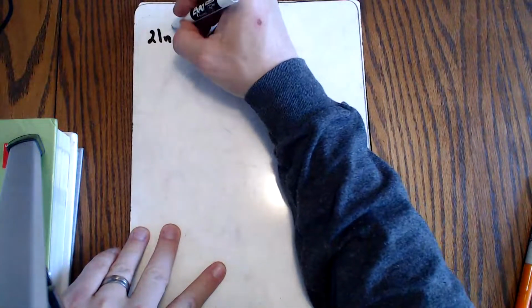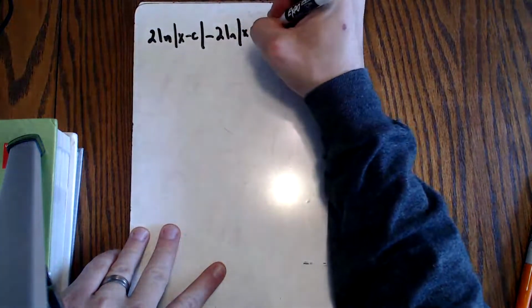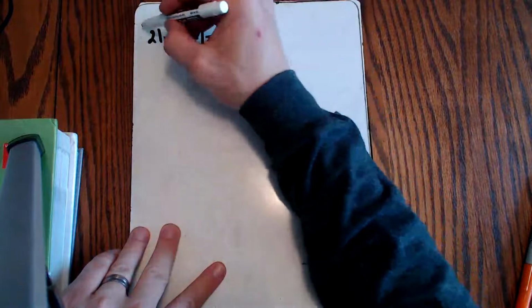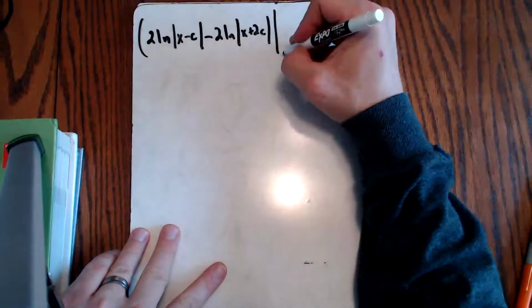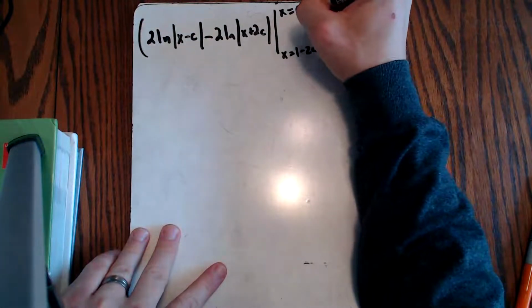So you're going to have 2 natural log x minus c minus 2 natural log x plus 2c, and that's going to get evaluated from 1 minus 2c to a.